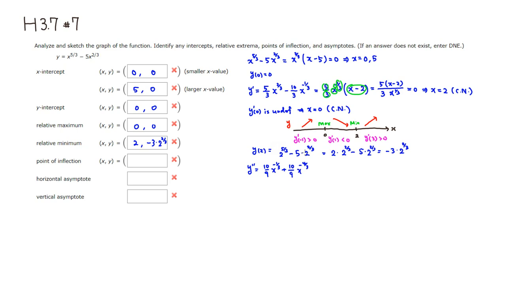So I'm going to pull out 10 over 9, which is a common factor, which is nice here. And I'm going to pull out x to the negative 4/3. If you pull out x to the negative 4/3, it's the same thing as multiplying by x to the 4/3 here.